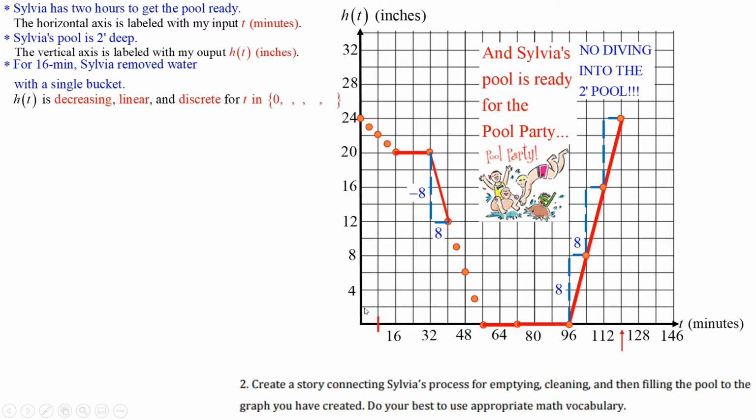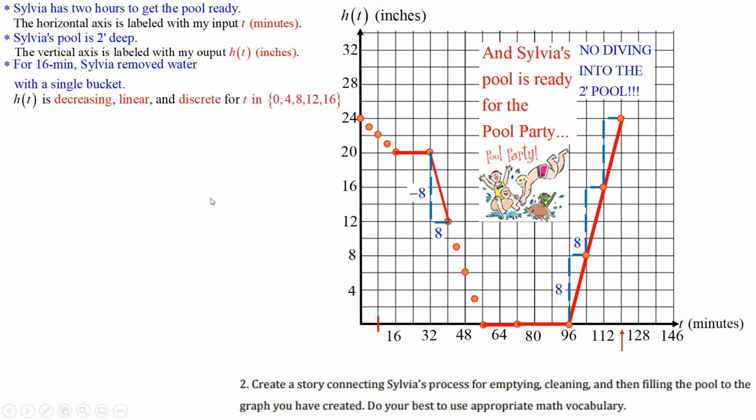And then how far did we go before the next bucket? Every 4 minutes, right? Because it's 0, 4, 8. So let's go 0, and then at the 4-minute mark, the 8-minute mark, the 12-minute mark, and then the 16-minute mark. So that's how we express the domain for this part of the function.